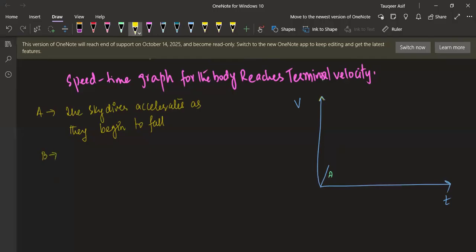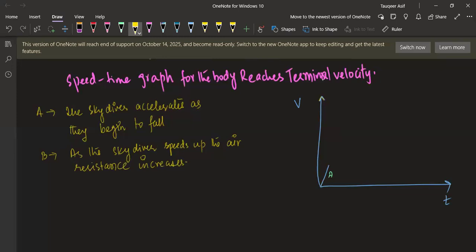In the second step, as the skydiver speeds up, the air resistance increases, right?